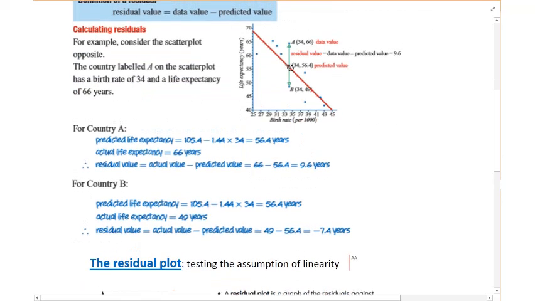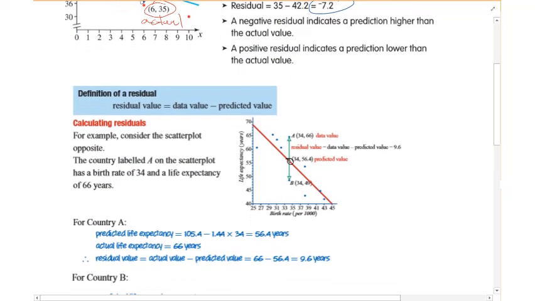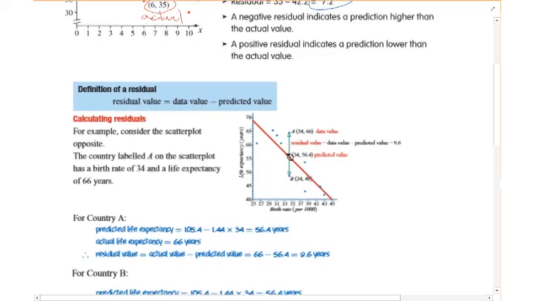Okay, and this is just another example of what's going on here. For country A, as you can see in the example provided, it's going to have a positive residual. Okay.